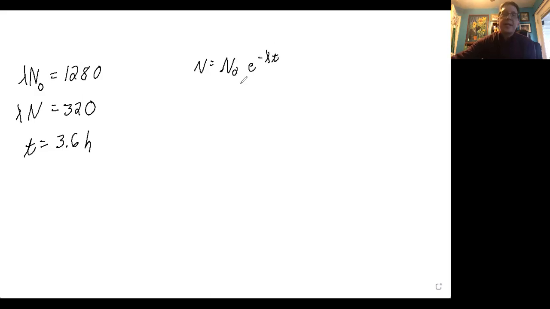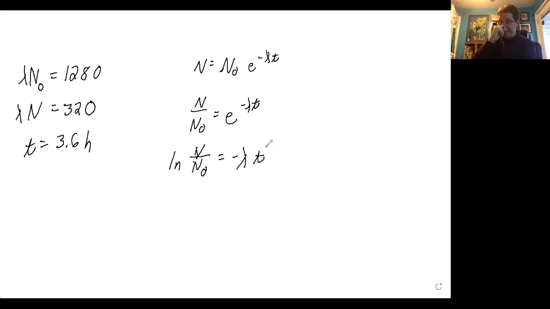And we know what t is. So we can write n over n naught is equal to e to the negative lambda t. And then taking the natural log of both sides, n over n naught is equal to negative lambda t.